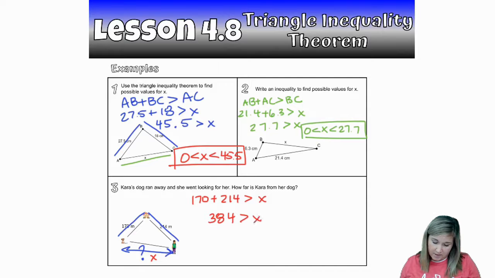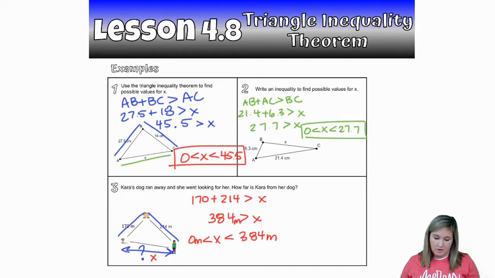We don't know x, and we're talking about meters. So x has to be less than 384 meters. Again, we have a bottom side of that, which is 0 meters. So Kara is within 384. If this was a multiple choice problem, maybe just one answer choice would fall in the range between 0 and 384, and that's the only one that would make sense.